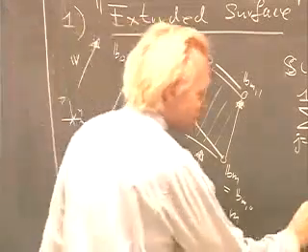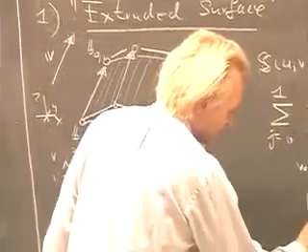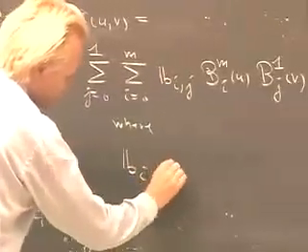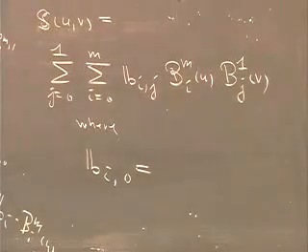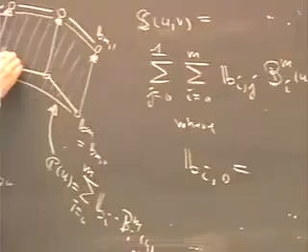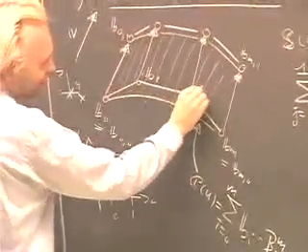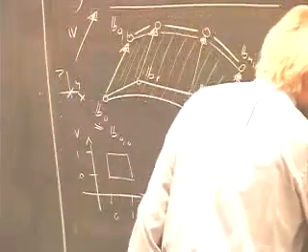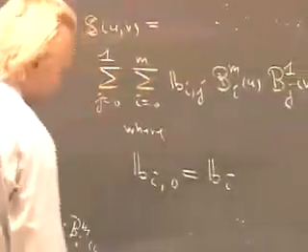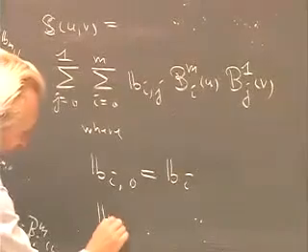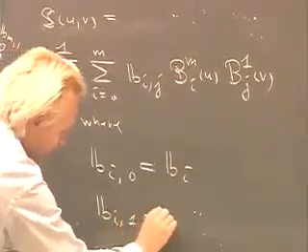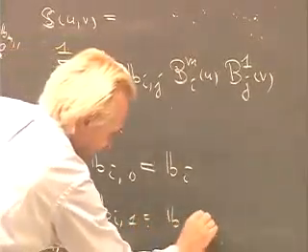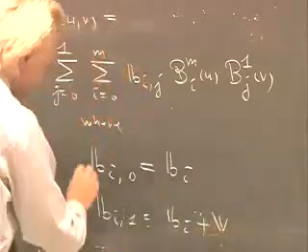So I can say where Bi,0 are the original control points that are specified, B0, B1, Bi, and so forth. Bi,0 is the original control point Bi, and Bi,1 is Bi plus the extrusion vector V. That's it.